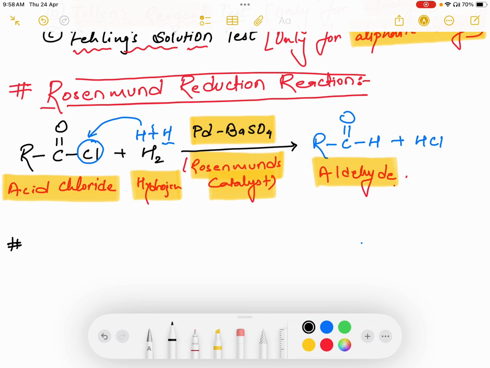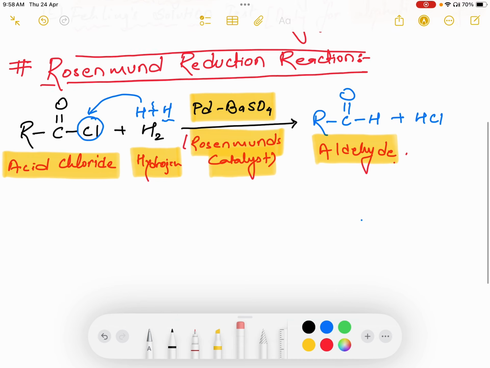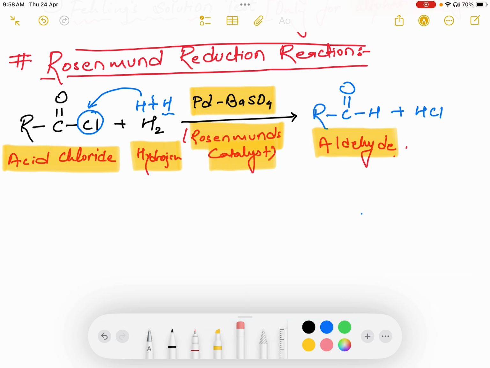Now let's take an example and explain it. Over here we have CH3 C double bond O Cl, and we treat it with hydrogen in the presence of Pd and BaSO4.